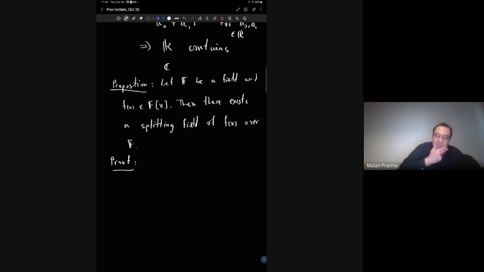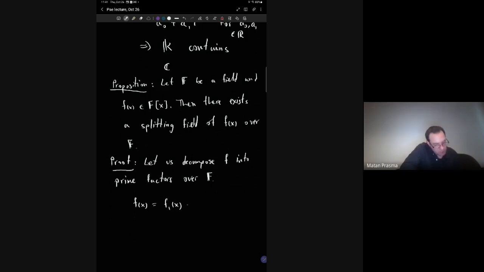Okay, so let us decompose f into prime factors over the original field big F. So I write f(x) equals f1(x) multiplied by, let's say, fk(x).